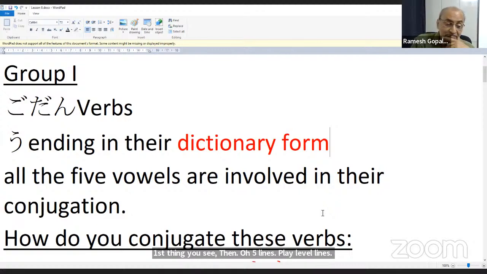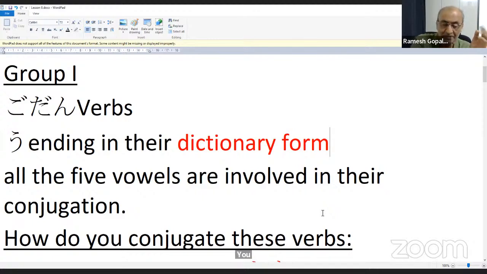Under A you have the A sounds: Ka, Sa, Ta, Na, Ha, Ma, Ya, Ra, Wa. Next, under the I line, you have Ki, Shi, Chi, Ni, Hi, Mi, Ri. Under U, you have Ku, Su, Tsu, Nu, Fu, Mu, U, Ru, and of course Gu and so on.